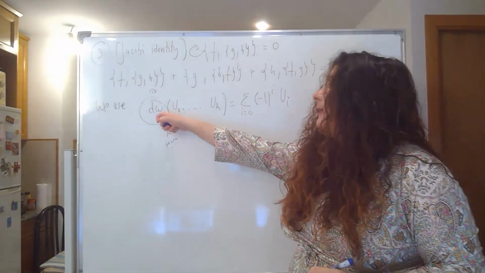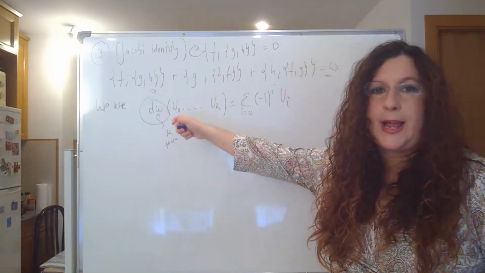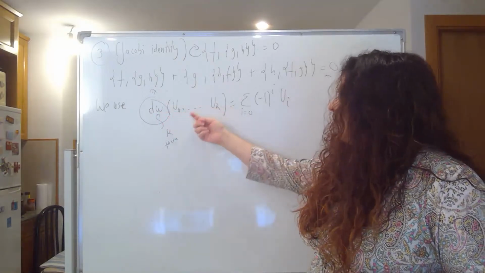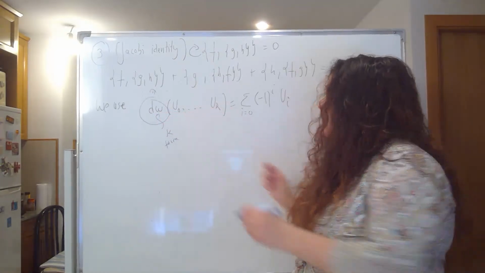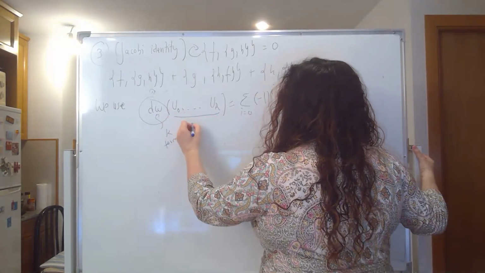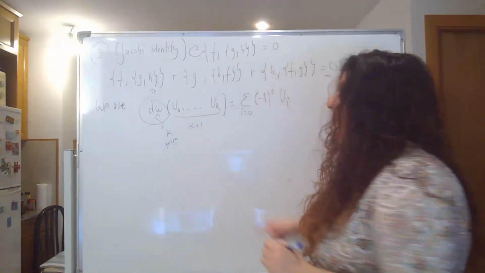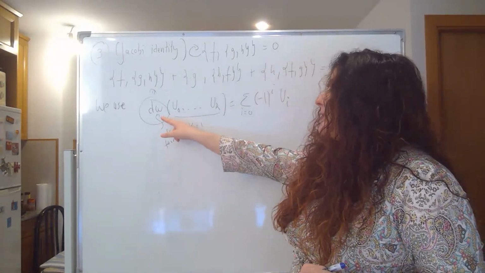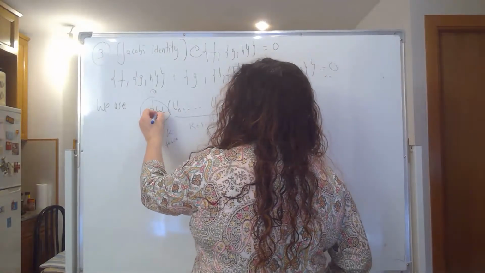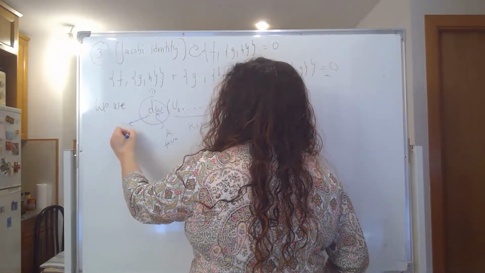This formula tells you what the differential of omega is in terms of omega applied to all the vector fields, because here I have k plus 1, and we apply the definition of a (k+1)-form. Omega is a k-form, therefore this is k plus 1.